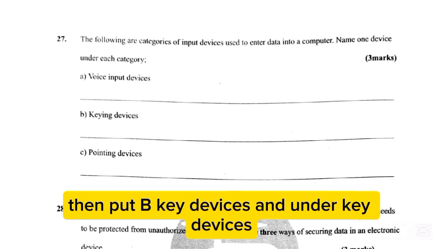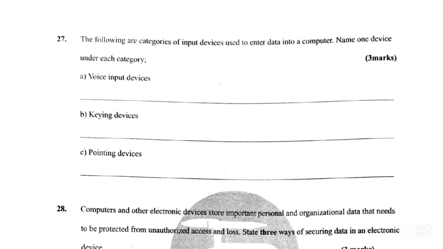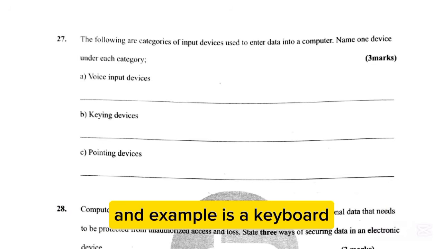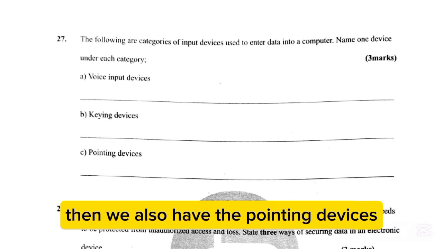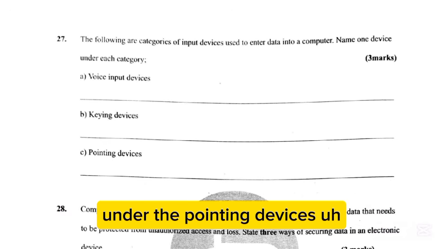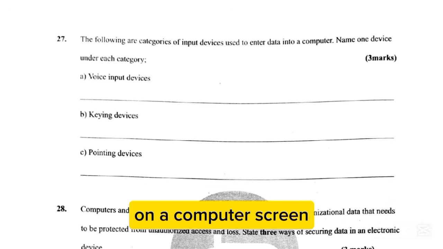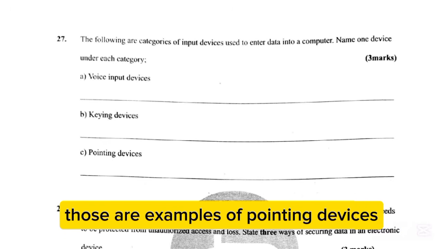Keying devices are devices used to enter text, numbers, and symbols by pressing keys. An example is a keyboard. Then we also have the pointing devices. Pointing devices allow users to control the cursor or pointer on a computer screen. A good example is a mouse, a trackpad, a joystick, a stylus, and a trackball. Those are examples of pointing devices.